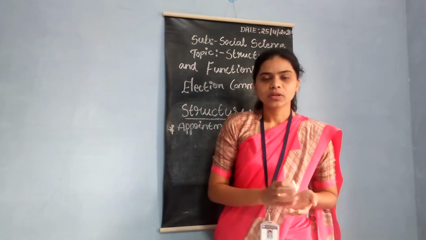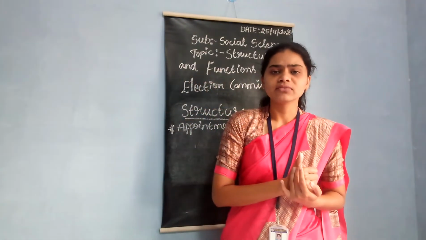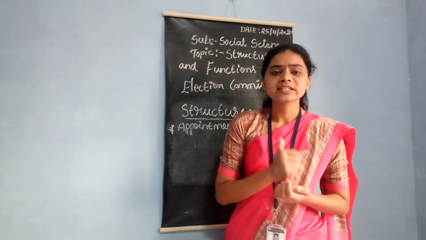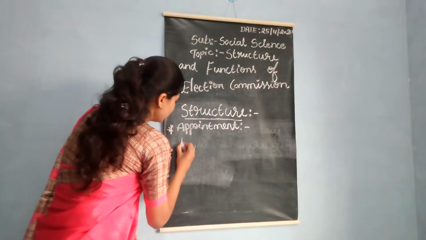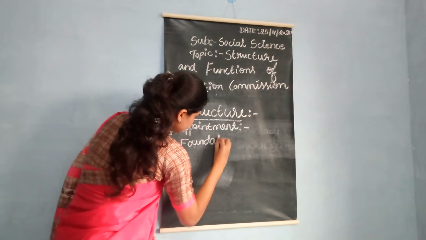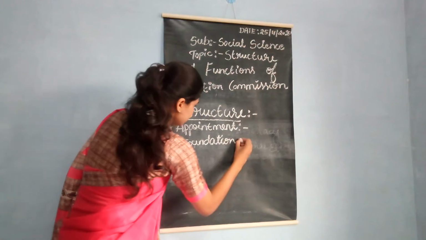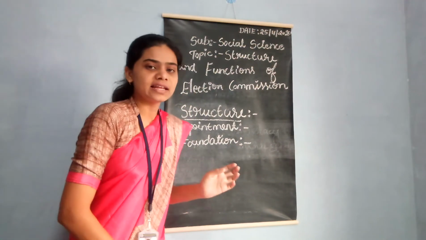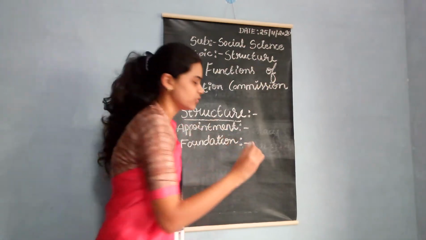Did you understand? Okay. Next thing we have to know, when was this election commission founded? When was this election commission started? Let us see. Foundation. This election commission was started in the year 1950, January 25th.